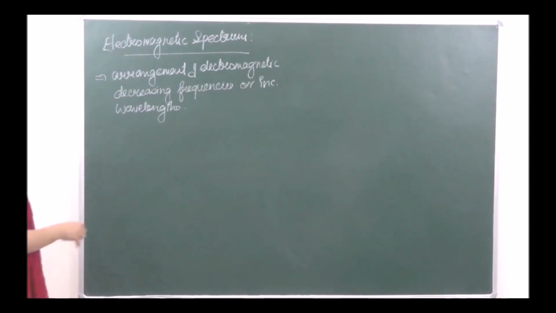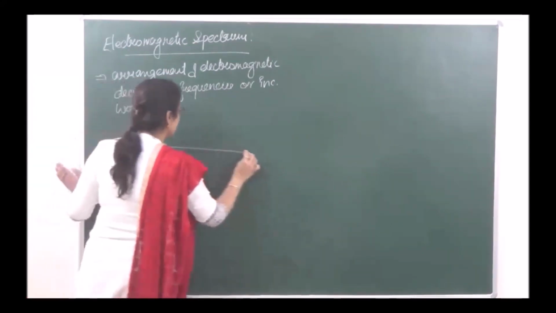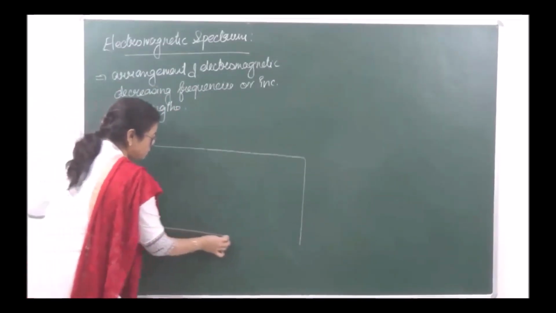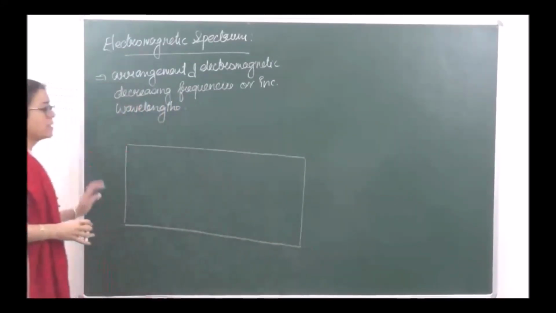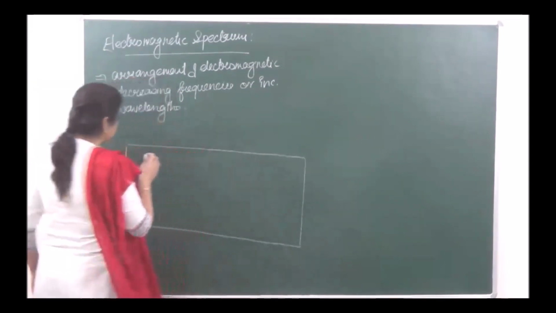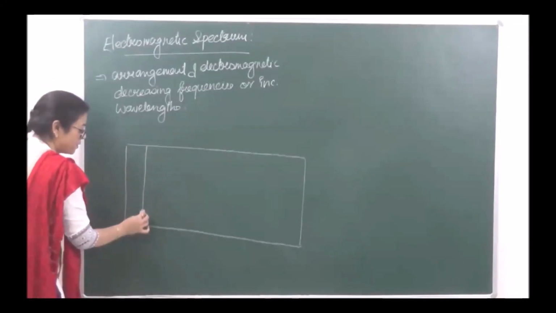So if we are looking at the arrangement, let's see how we can talk of the arrangement of electromagnetic radiations. The one which has the lowest wavelength, let's keep it over here.